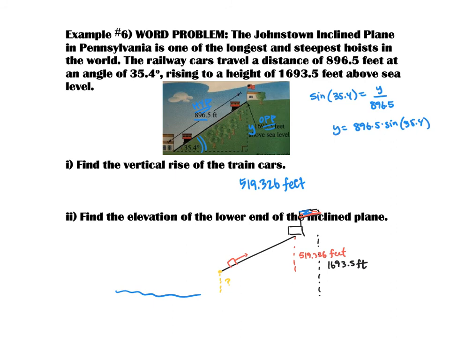Well, what we'll do is we'll take 1693.5, we're going to subtract 519.326, and we're going to get our answer, which comes out to be, get out my yellow pen here, 1174.174 feet. All right, there you have it. One more example, you guys, and we'll be off and at 'em to part 2.